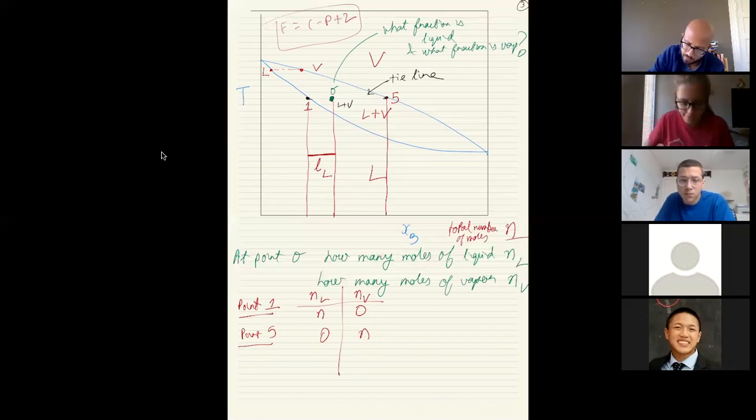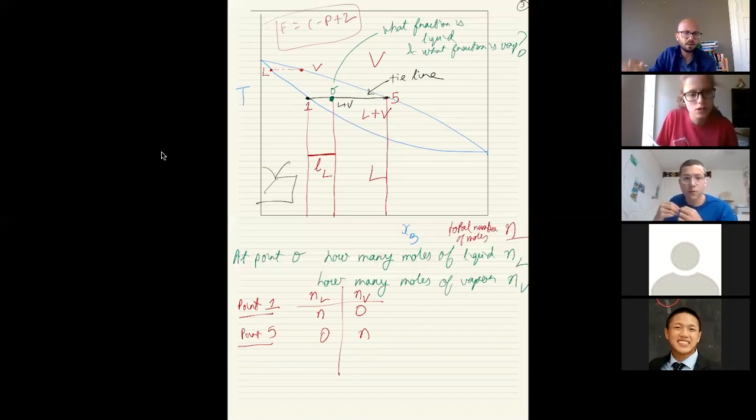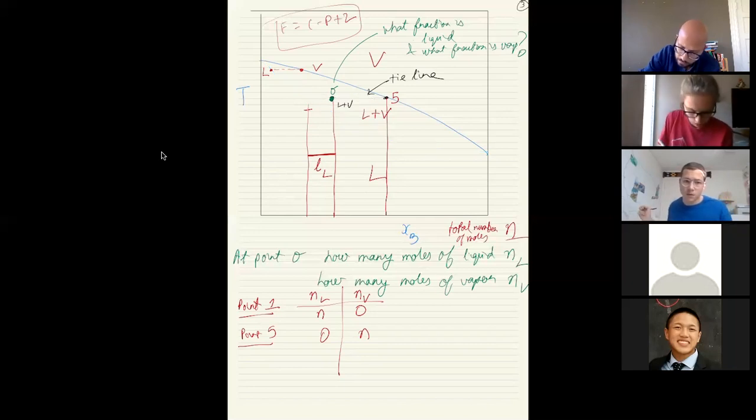The reason I say that this can work even in complicated phase diagrams is because you could have a whole bunch of phases existing over here doing funky stuff. Doesn't matter, you don't care about any of that. All you care about is this two-phase coexistence region. So you draw a tie line that connects you to the nearest point on the liquid, which is point 1, and to the nearest point on the vapor, which is point 5.